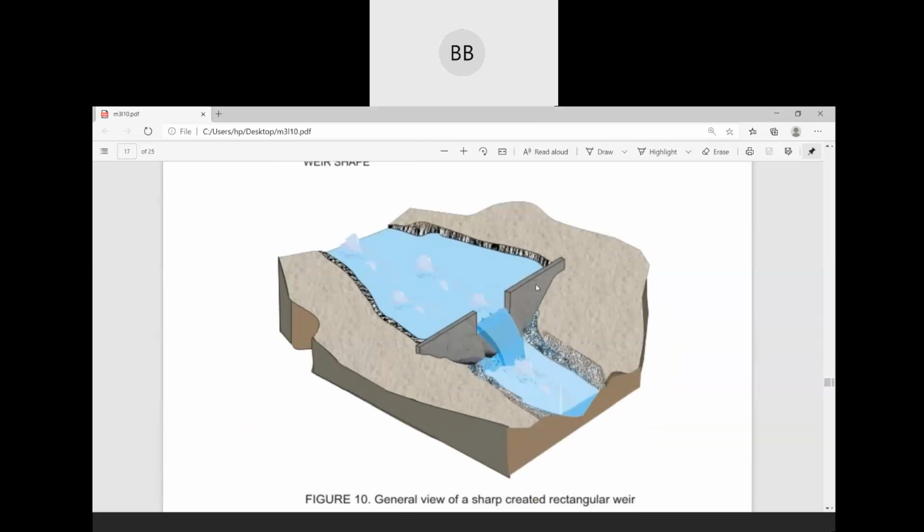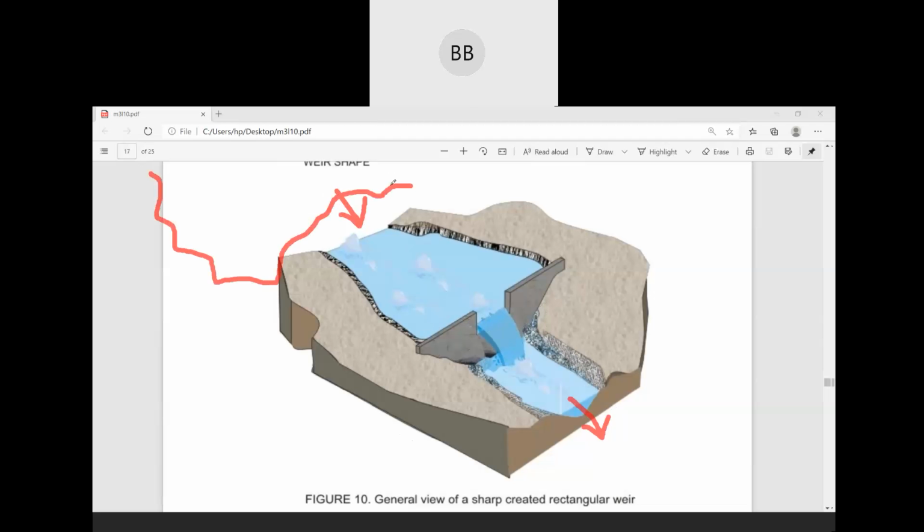So this is a sharp crested weir. Now see how, with this weir, we can measure discharge. Suppose this is a river, and we know the cross section of a river is an irregular shape, suppose in this way.